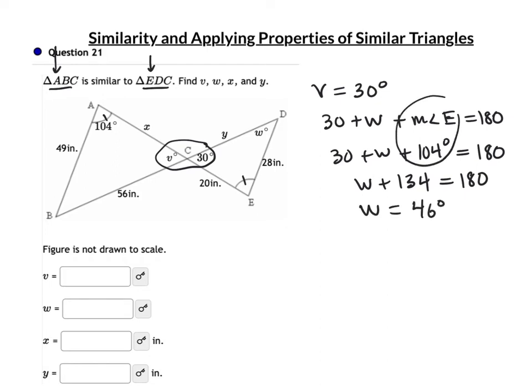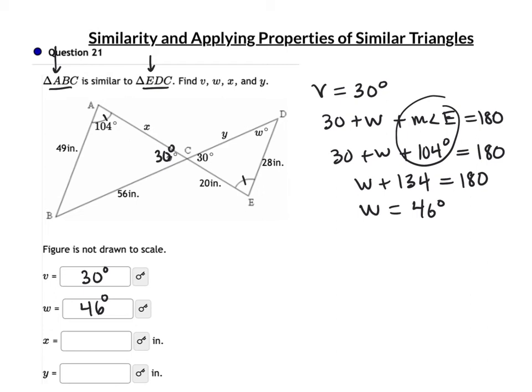We know that E is 104, which we didn't have to find. W is 46. We need V, X, and Y. V was a vertical angle. It was 30 degrees. Let's find X.